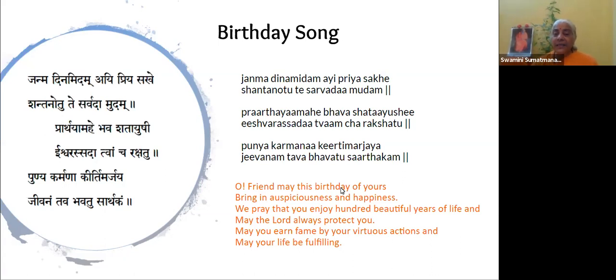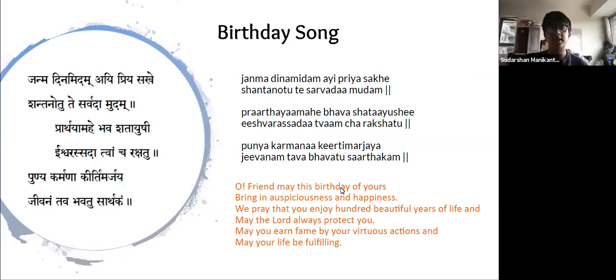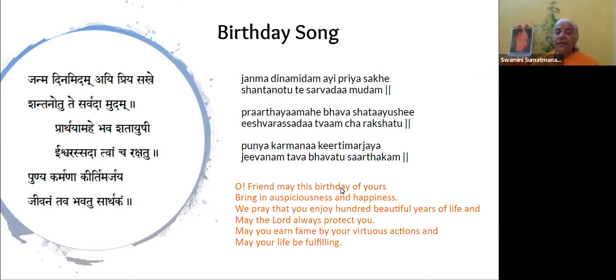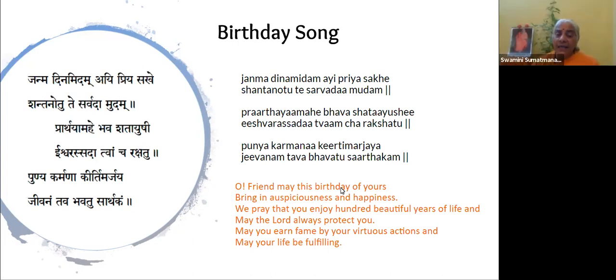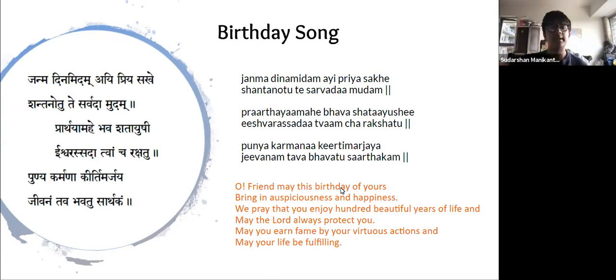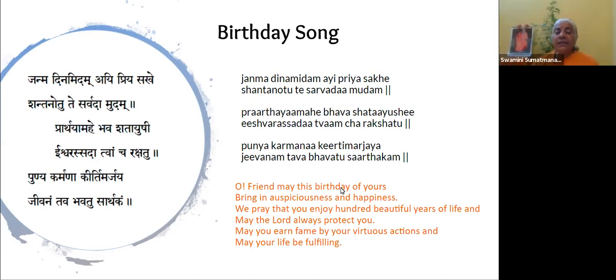Janmadinamidam ai priya sakhe. Janmadimidam ai priya sakhe Shantanotu te sarvada mudam. shantanotu te sarvada mudam Prarthayamahe bhavashatayushi. prarthayamahe bhavashatayushi Ishvara sada tvam cha rakshatu.